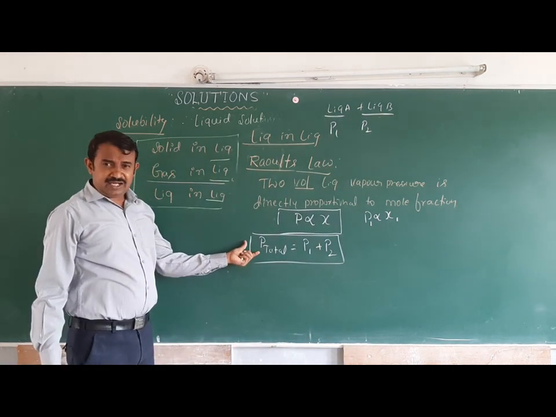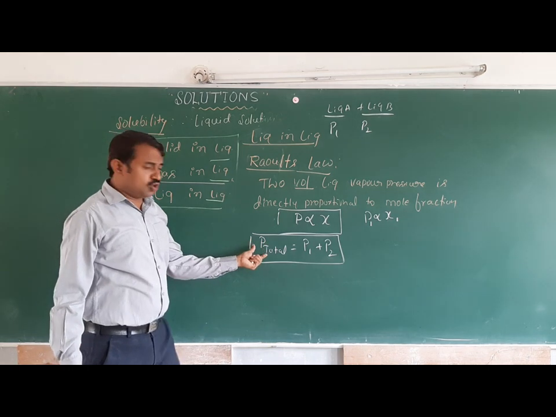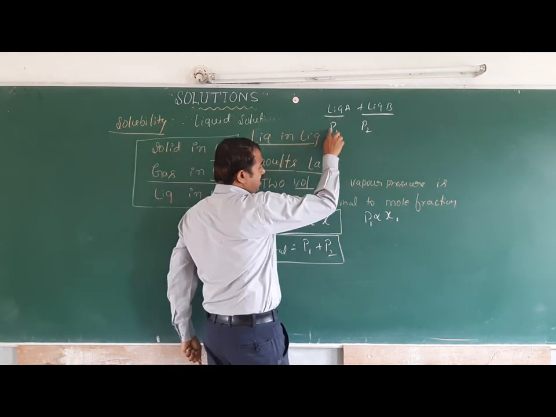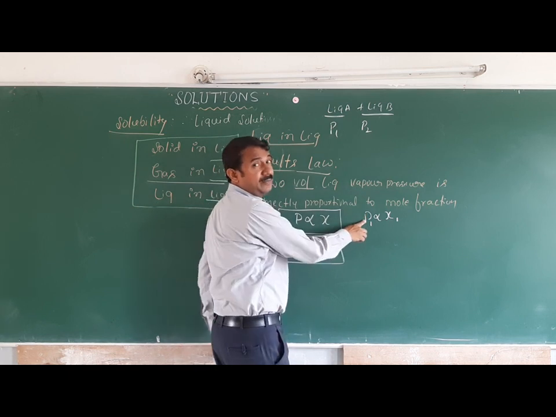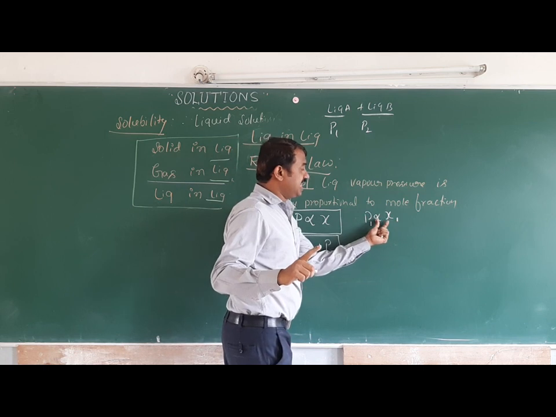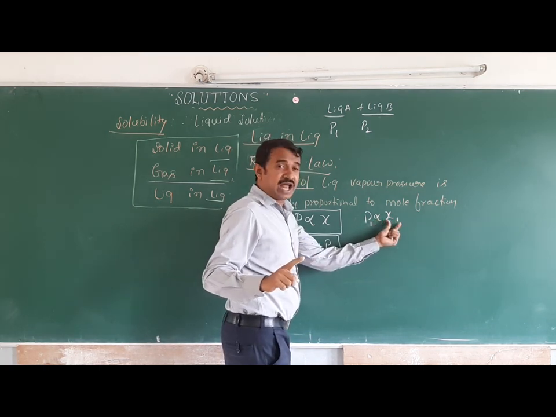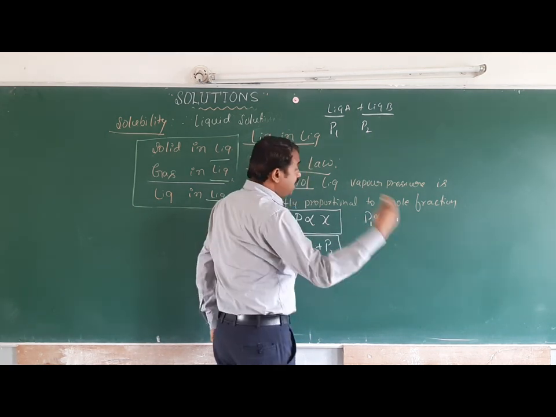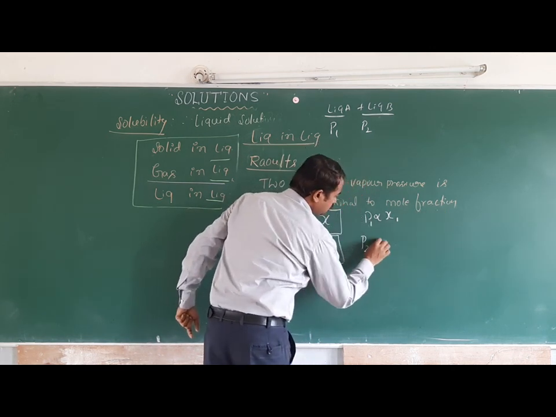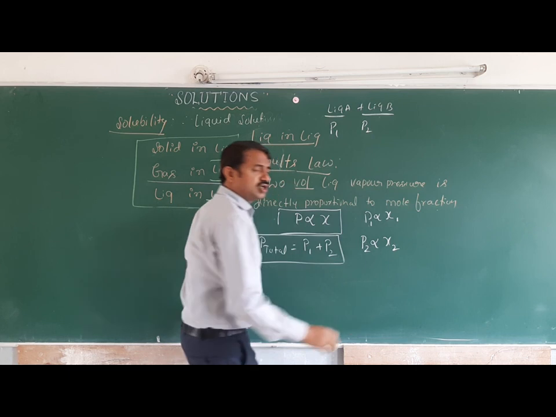P total equals P1 plus P2. P1, the vapor pressure of component 1, is directly proportional to its mole fraction. The vapor pressure of component 2, P2, is directly proportional to X2.